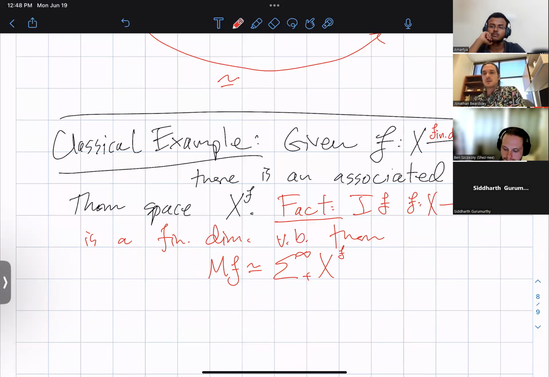So this still retains the classical constructions of Thom spaces from vector bundles.